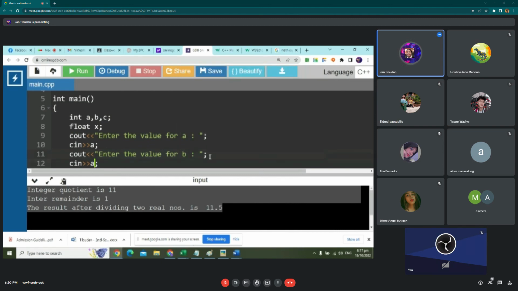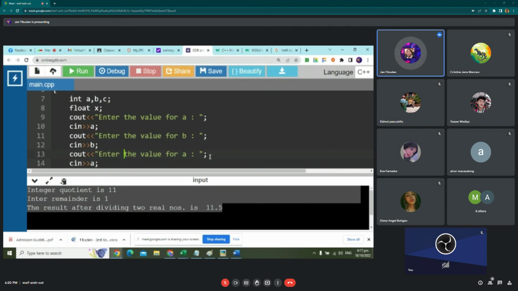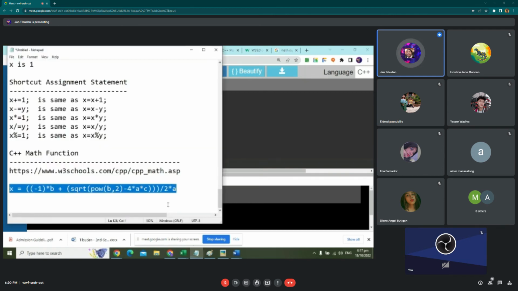Okay, then C. Okay. Then, the equation. So, i-apply dayon nato itong equation class.